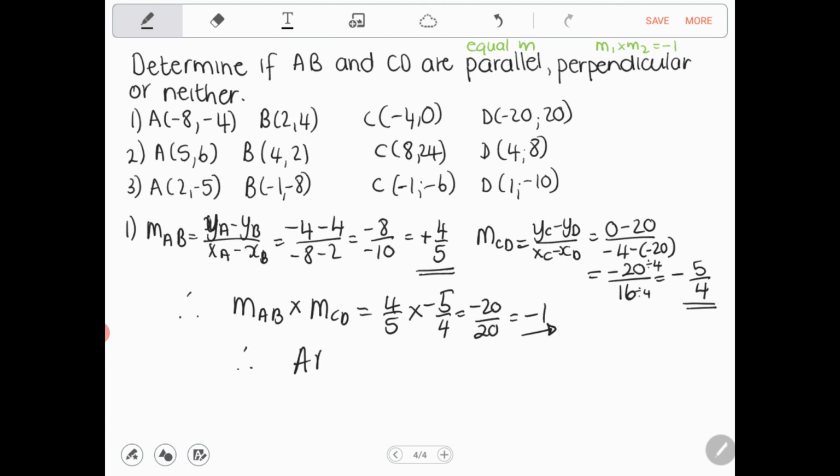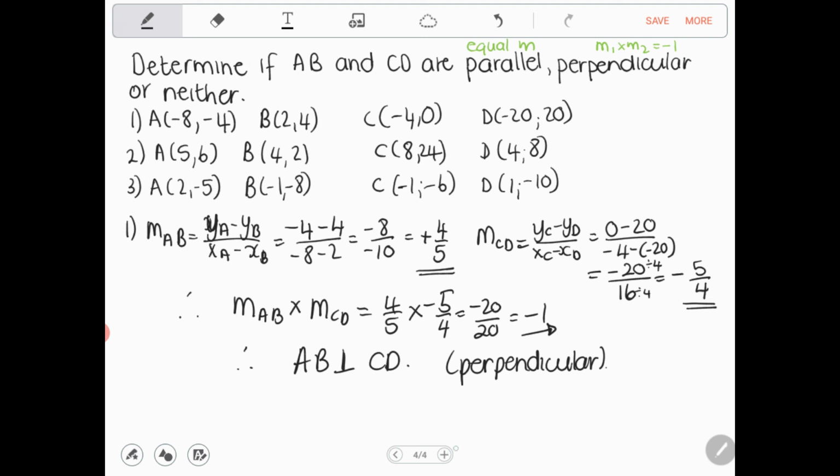Therefore, AB is perpendicular to CD. Okay, so because the product's -1, and you need to show that as a reason for them being perpendicular. Remember, this upside down T sign means that they are perpendicular.